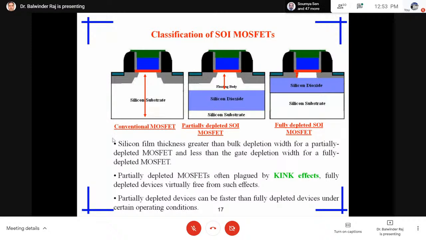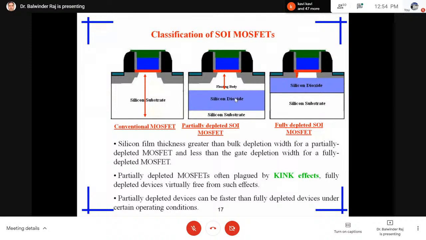So to mitigate this problem of body effect in conventional devices, we go for partially depleted or fully depleted SOI devices, so that the body effect and the leakage current from carrier movement can be minimized. In partially depleted devices, there is one effect known as the kink effect, but partially depleted devices have higher speed than the fully depleted.